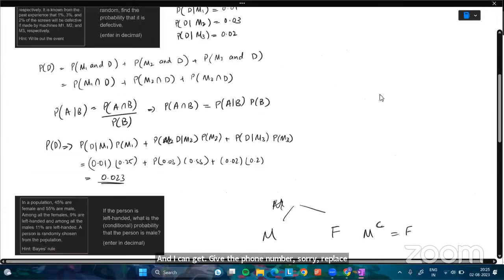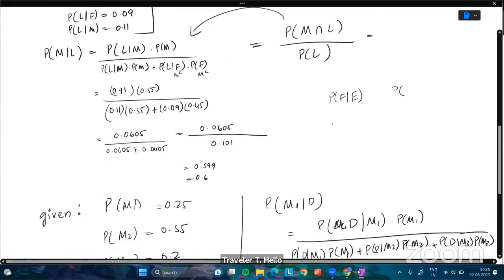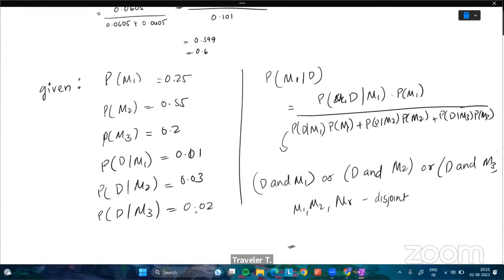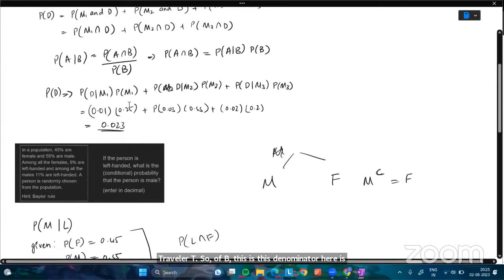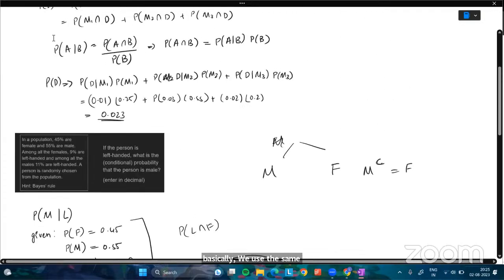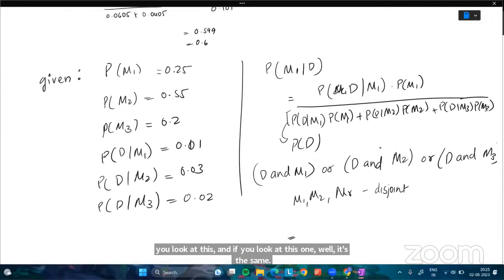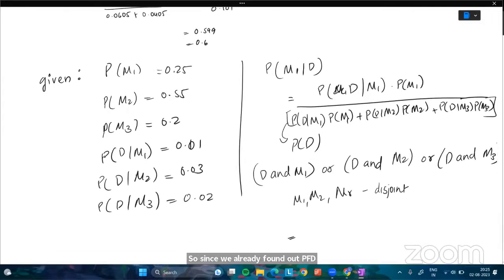But in prelude 1, we found out the probability of B. So this denominator here is basically probability of B. We use the same formula here. If you look at this formula and if you look at this formula, it's the same. So since we already found out P of B to be 0.023, we don't need to find the denominator. We'll just substitute it.